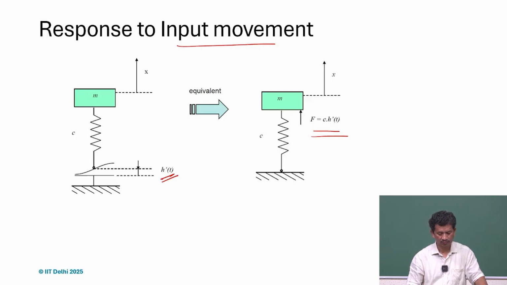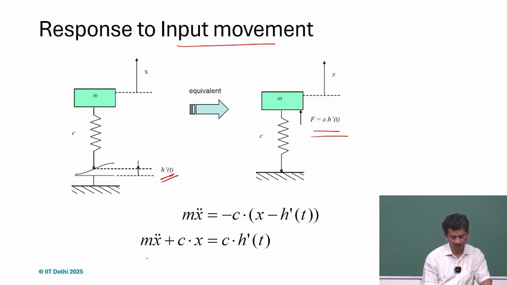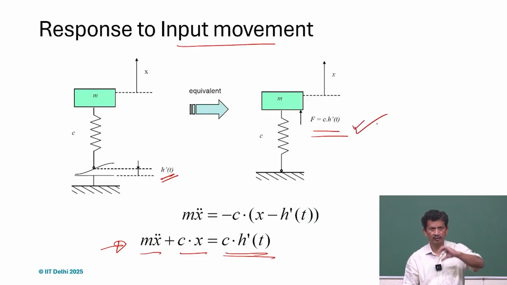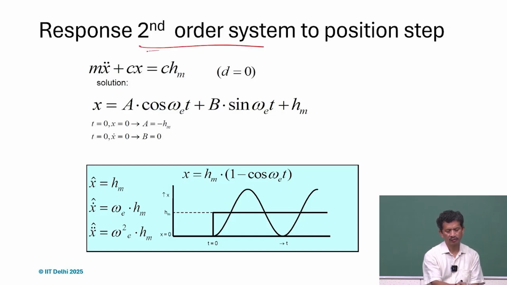Therefore, the governing equation will be m x double dot plus cx is equal to this force, which is because of that input motion, c times h prime t. So, we can use it and try to see the second order response for different kind of input.